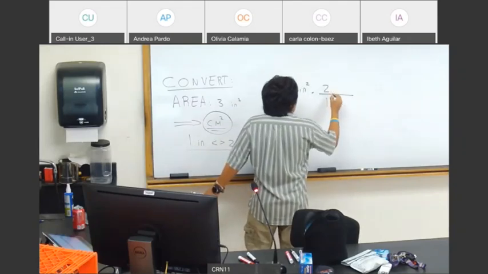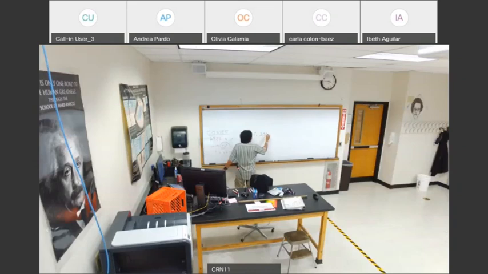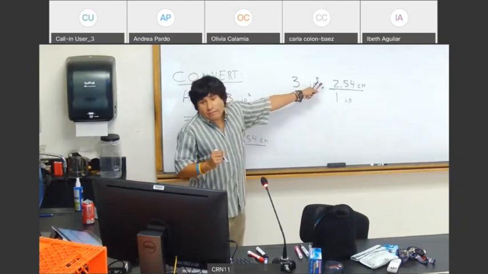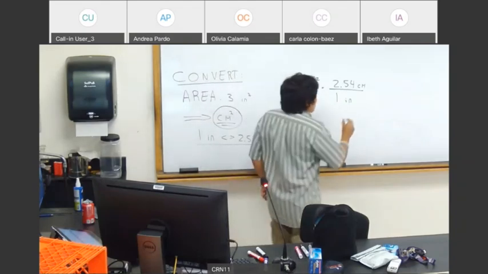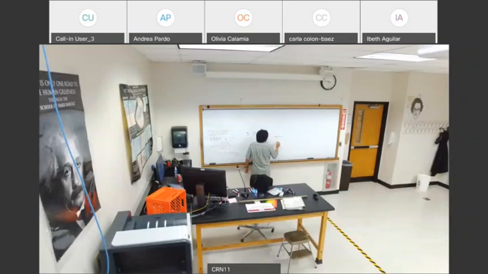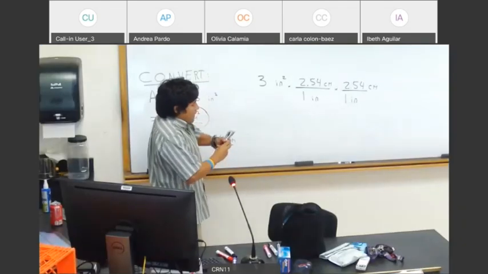is 2.54 centimeters. But I have inches square. So what I need to do is I need to multiply again by, again, 1 inch is 2.54 centimeters. See what I did there?